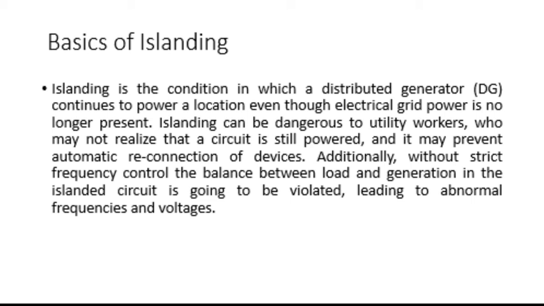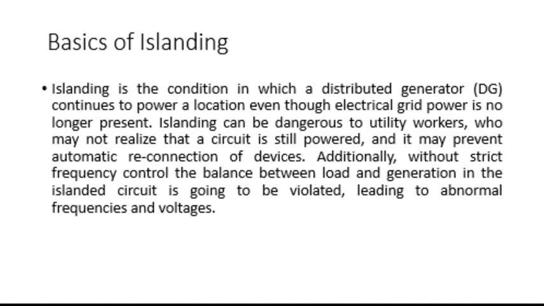What is meant by this? Suppose in a particular national grid the power is shut off, there is no power available in the electric grid from the centralized power plants due to some fault, but your distributed generators, your renewable energy sources, will be continuously feeding power.